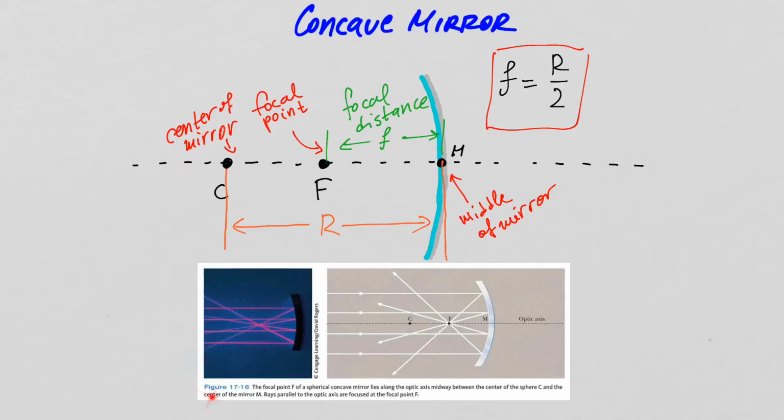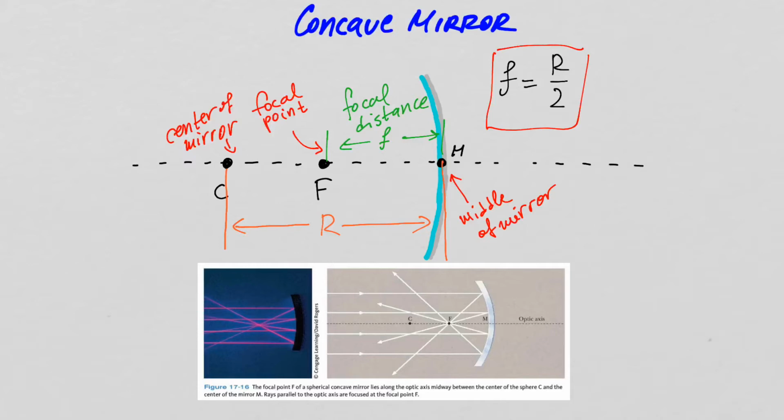Here you can see a nice schematic drawing of a concave mirror. The image on the left is an actual concave mirror on which 4 laser beams are incident upon, and we can see the reflected beams converge at one point, and that would be the focal point of the mirror.